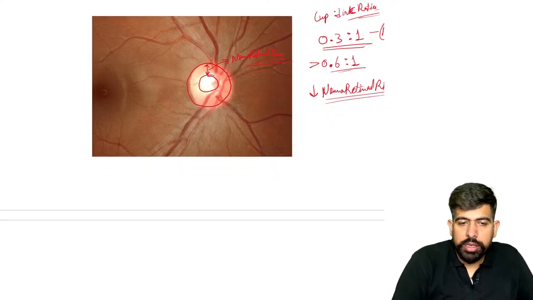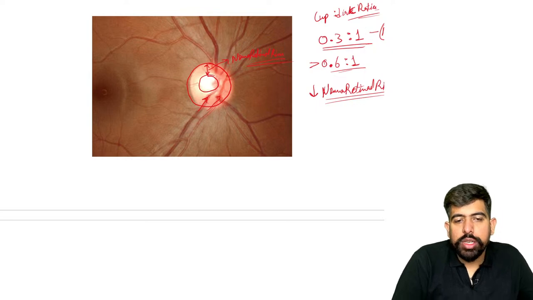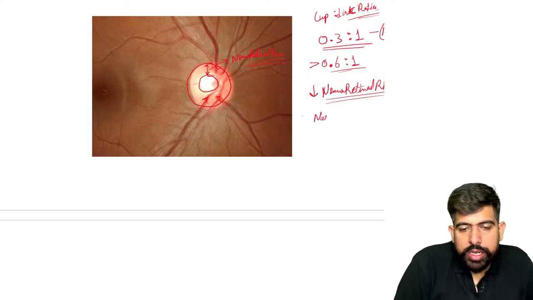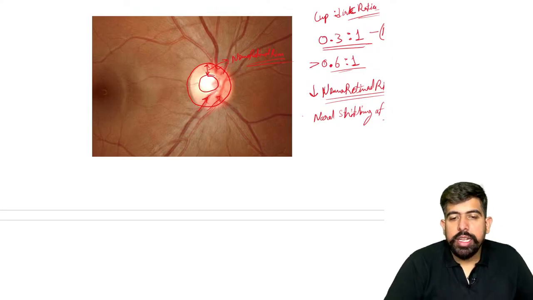Now, the third thing: as you can see here, all the blood vessels pass through the disc easily, and due to glaucoma there is a nasal shifting of the blood vessels.